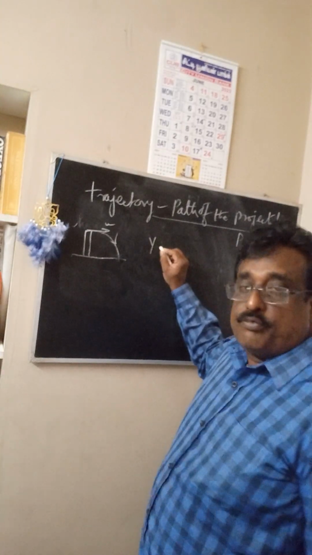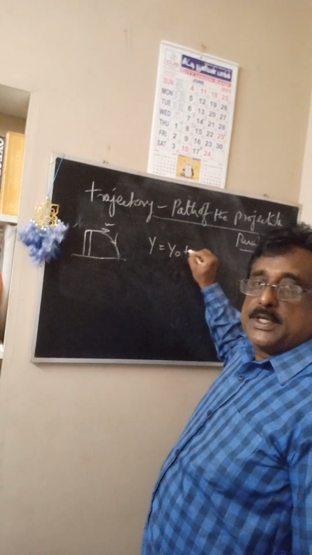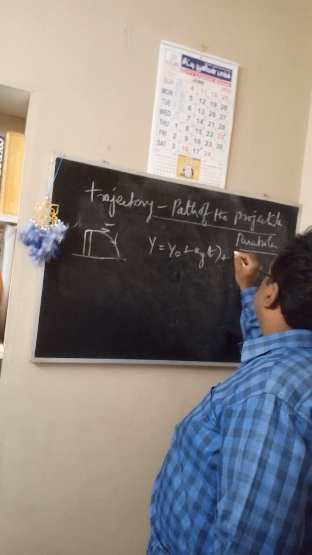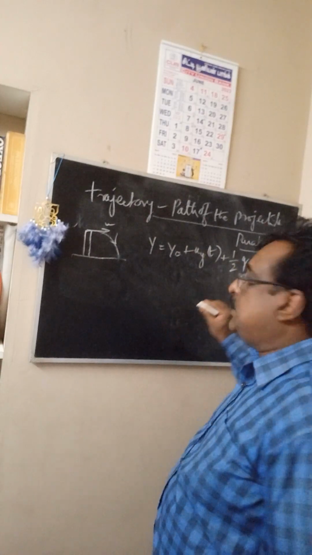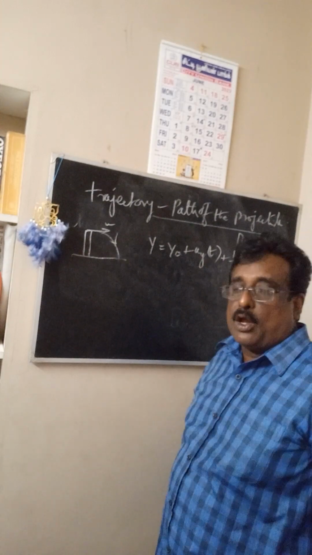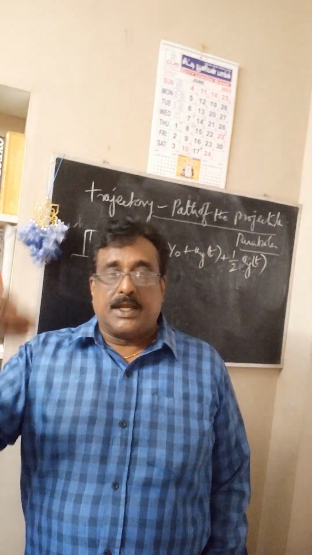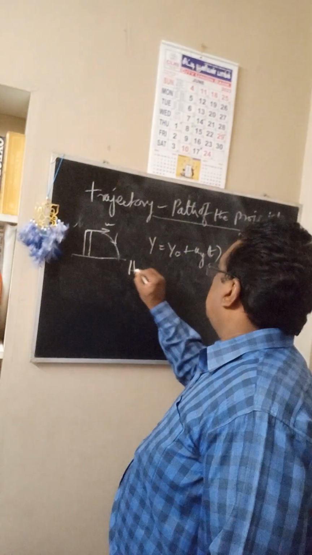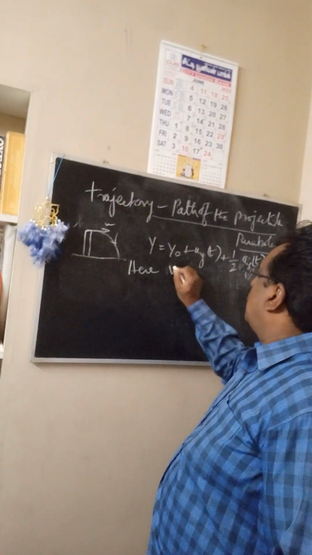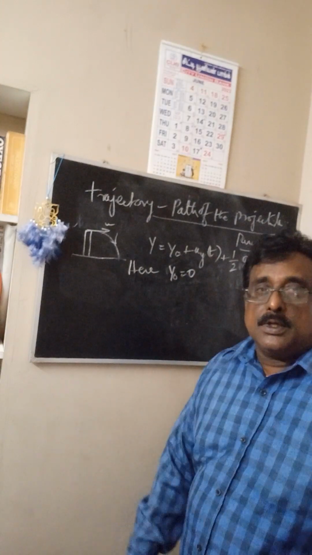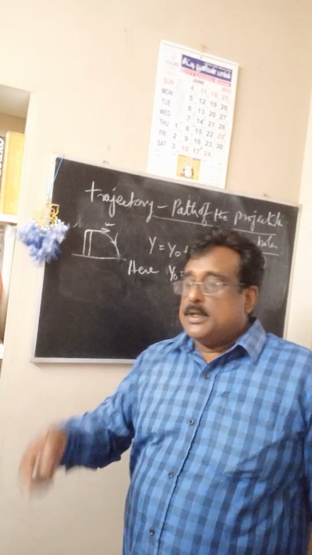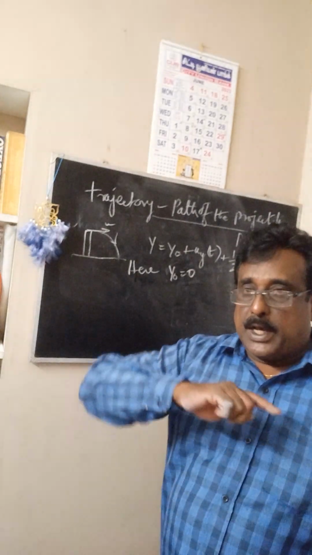Take the equation of motion: y is equal to y0 plus uy t plus half ay t squared. Here uy and ay are the velocity and acceleration along the y direction. y0 is equal to 0 because you are giving only the horizontal velocity, there is no vertical velocity, and no vertical displacement, only horizontal displacement.